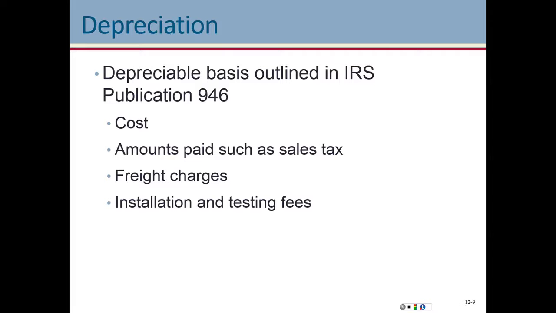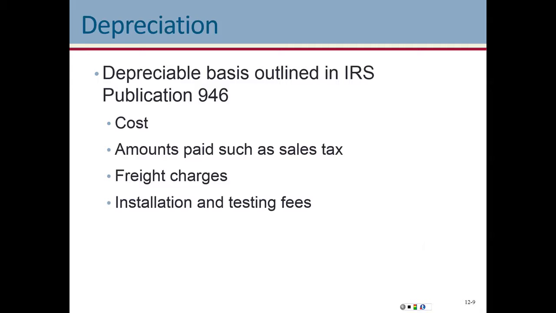So let's talk a little bit about depreciation, right? First of all, and hopefully you remember this from accounting, depreciation is the loss in value of the assets. What is included in depreciation? Well, obviously the cost of the asset, amounts such as sales tax, freight, if there's a transportation cost, that's also included in depreciation, and installation and testing.